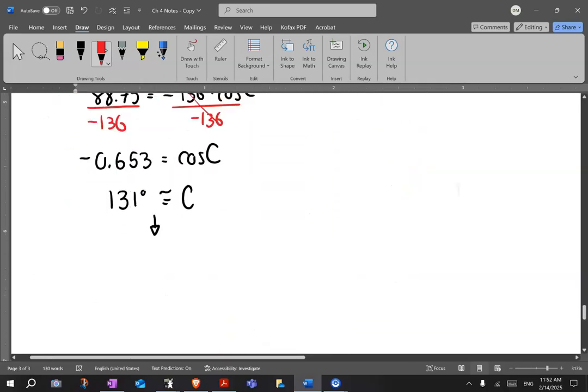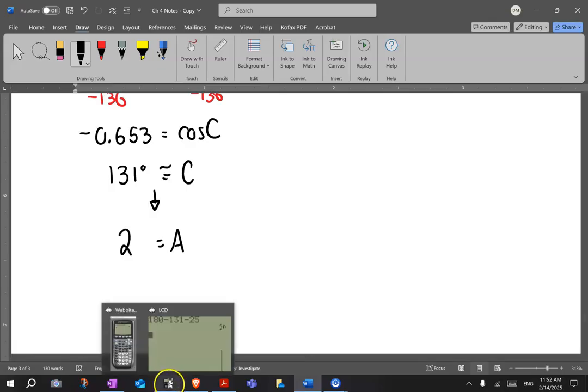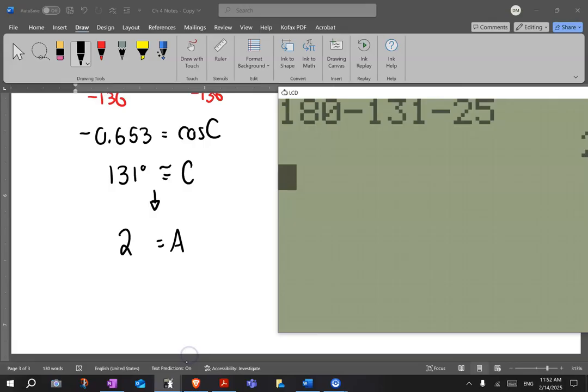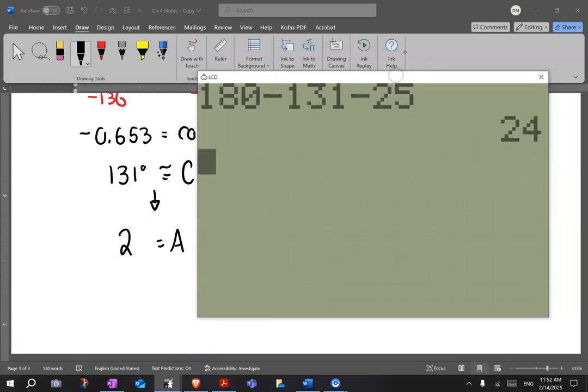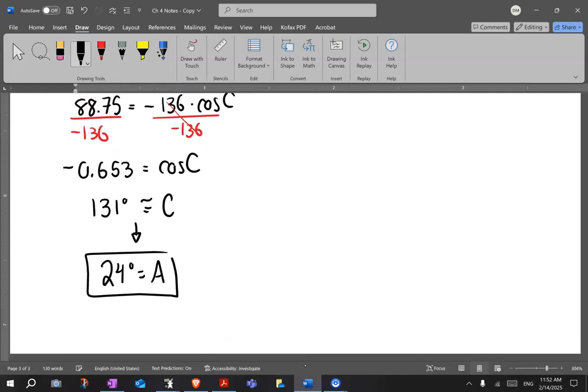We can get a lot more precise if we needed to. Okay, 24. So this one was done a lot quicker, approximately.